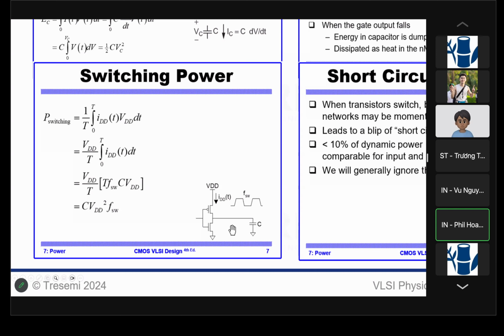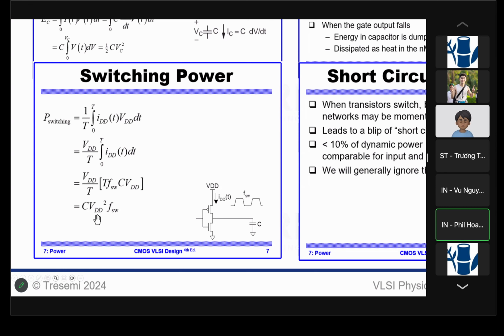In a circuit with a switching frequency, that becomes C VDD squared times the switching frequency. What it says is that the switching power increases when you increase the operating speed. That's a review.